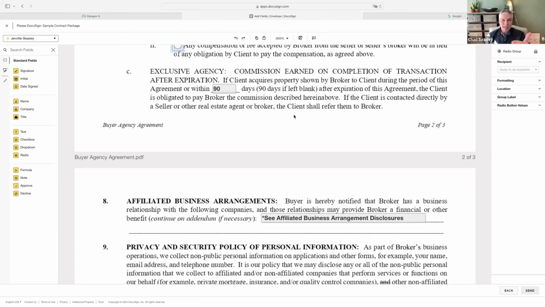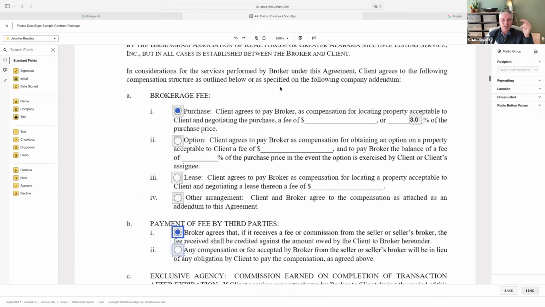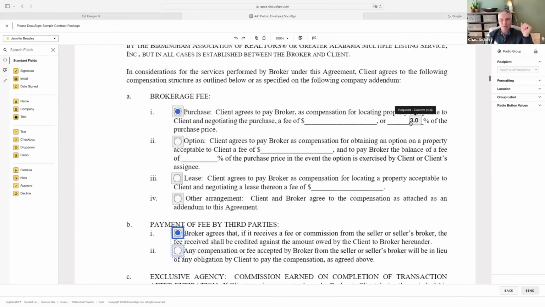And if you go buy something without me and you close on it within a certain period of time after the expiration of this agreement, then you still owe me a commission because you cut me out and didn't honor our agreement. I showed you the house and you basically went around me to buy that house without me. And a lot of times you see agents do their buyer agency agreement and they put 0 here for the commission.